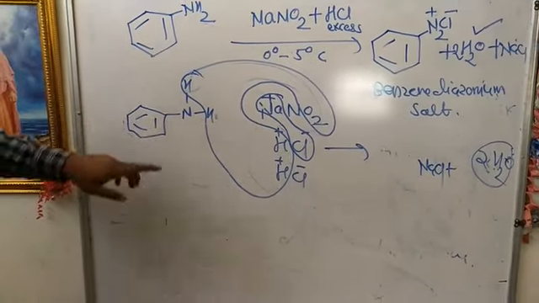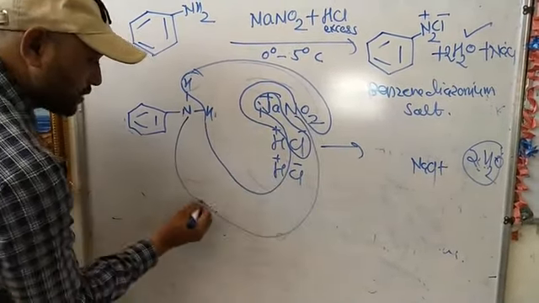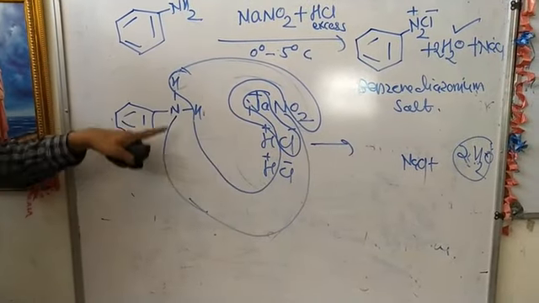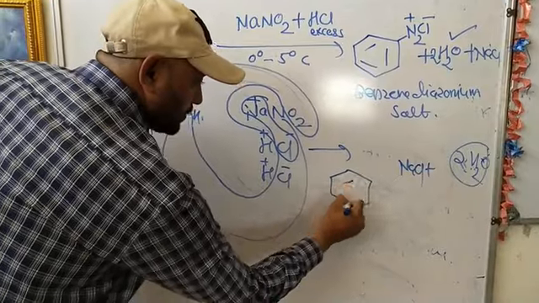Now this nitrogen is combined with this nitrogen. This is called diazotization. And what is the product?